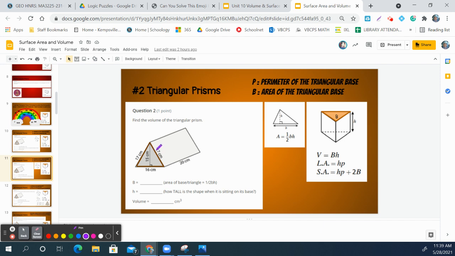Everything for the second one is going to be the same. The perimeter is the distance around, the height is the height of the shape, and the area of the base is what you found as the area of the base before.